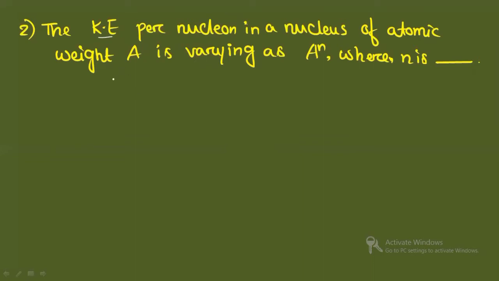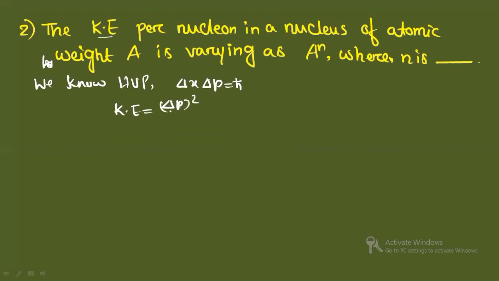First of all, we know from Heisenberg's uncertainty principle that delta x delta p equals h cut. Now the kinetic energy is p square divided by twice m.